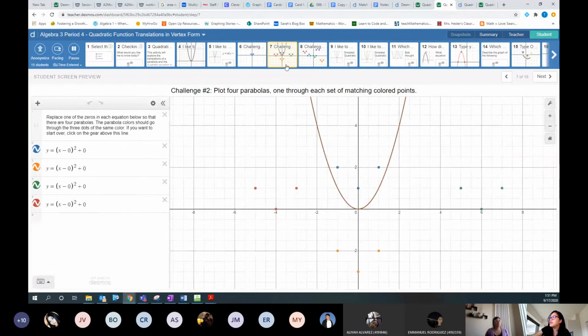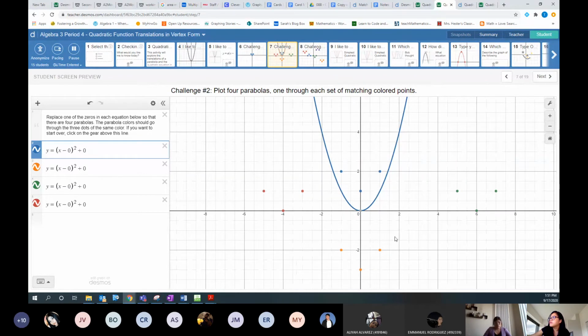And then number 7, we have these colored babies, and we have the parent here in the middle. So change those zeros by finding their vertex.